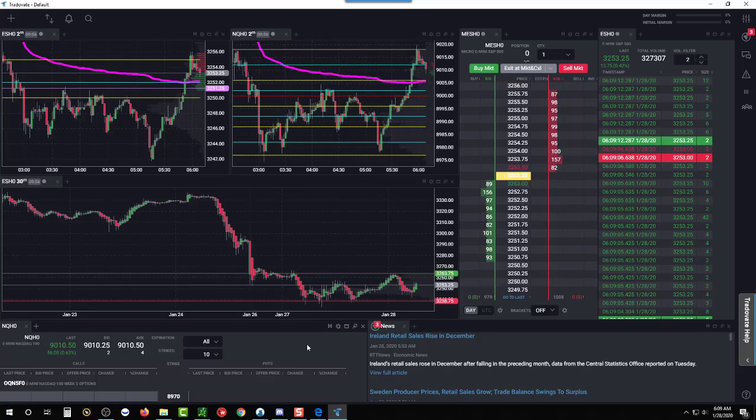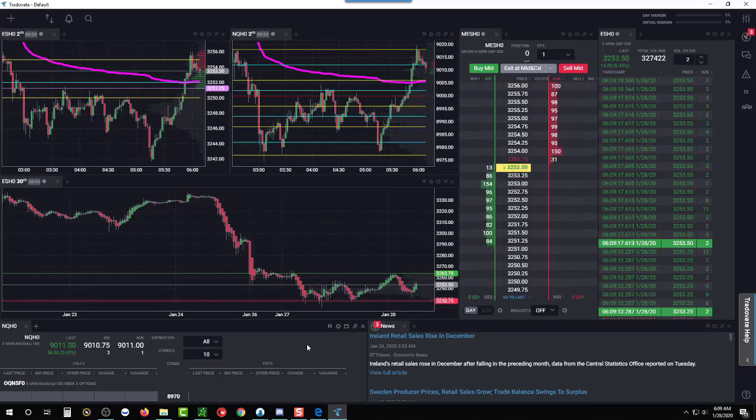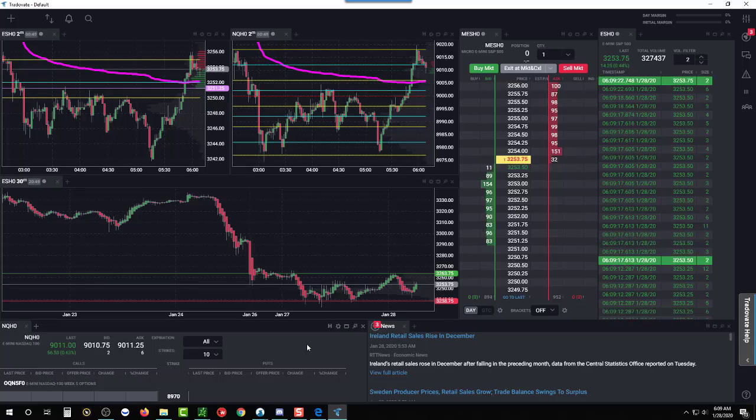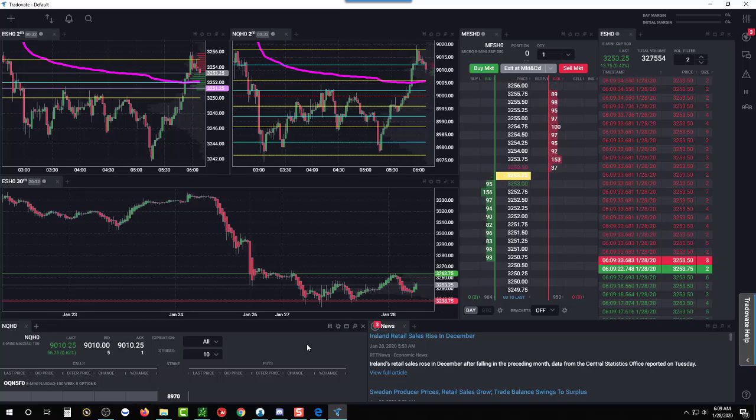This broker is seamless. It is very easy to get up and running with this compared to other micro brokers that I've used. When I send somebody over to open up a futures account here, it's done and they're up and running, and there's no problems. I've sent people to other brokers before I was using Tradovate, and it would be days of emails and text messages saying, I can't get this thing to connect.